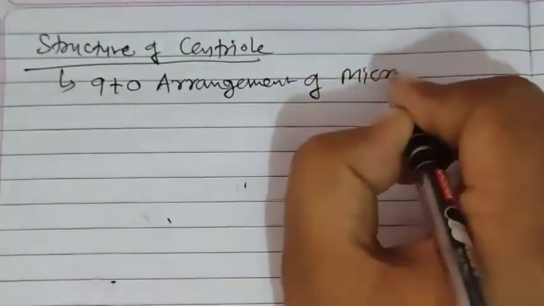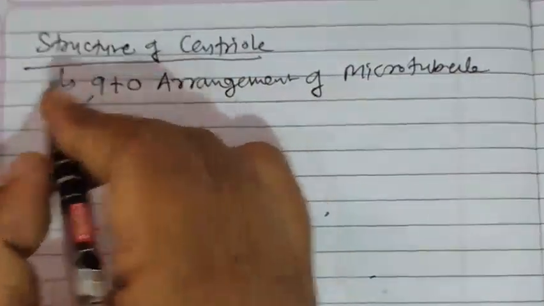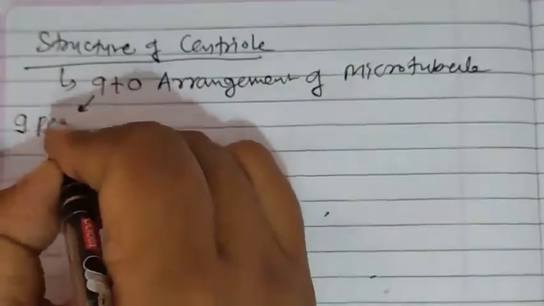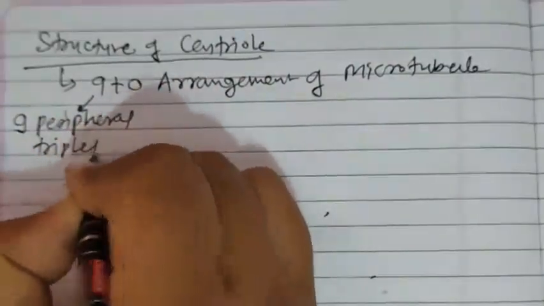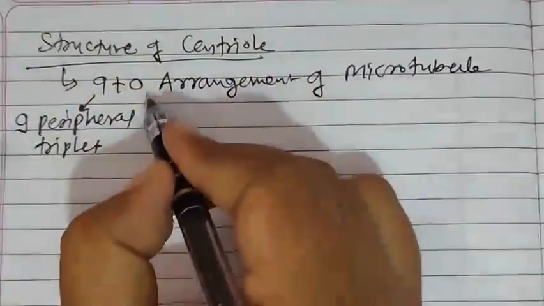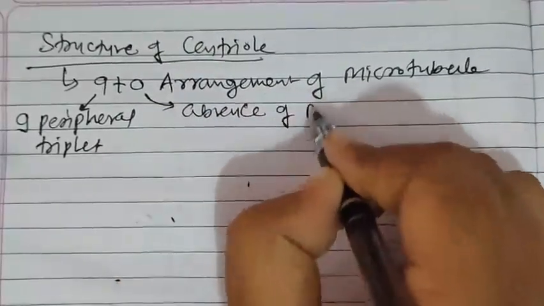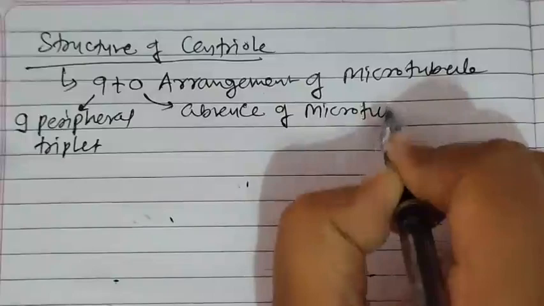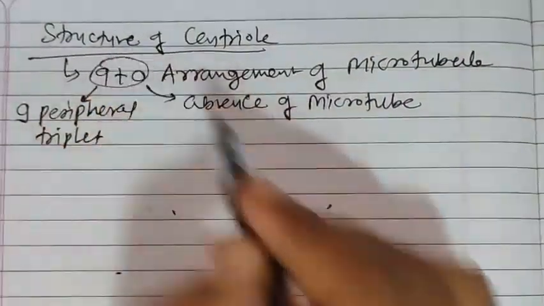of microtubules. Now 9 means 9 peripheral triplets of microtubules, and 0 means absence of microtubule in the center. So if we draw its 9+0 arrangement, it looks like this.